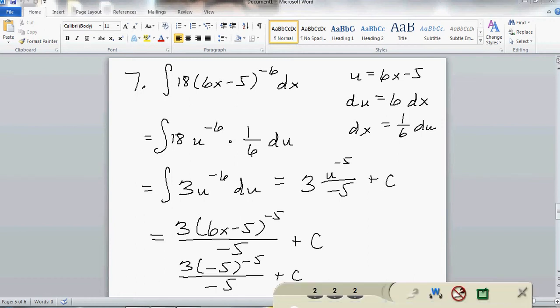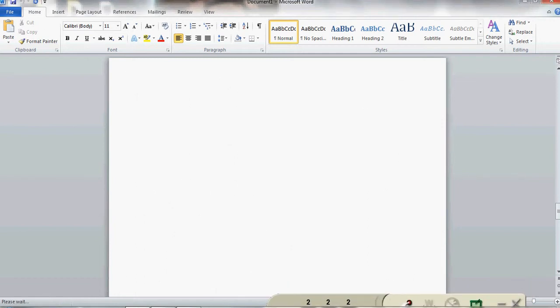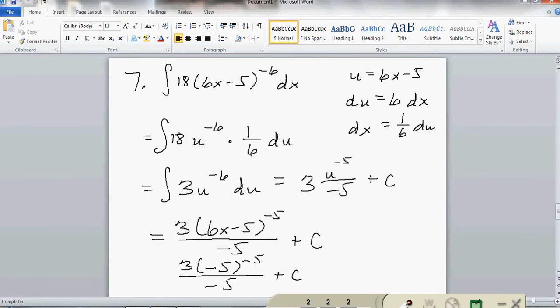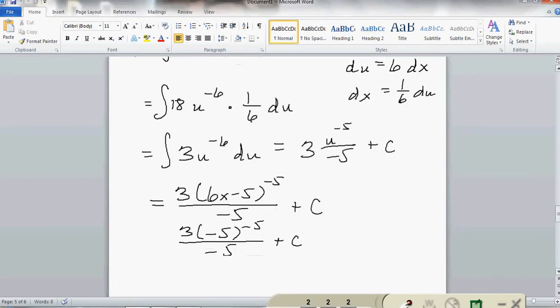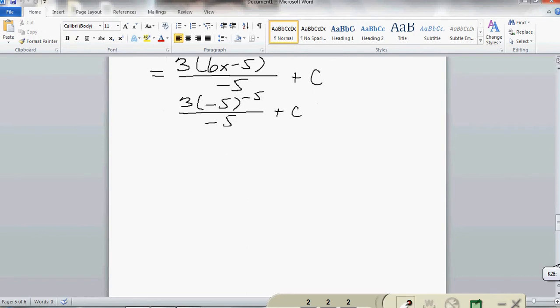I shouldn't say it's equal, because now this whole thing needs to equal 1. Okay, boy, this is a nasty number here. Let's see.